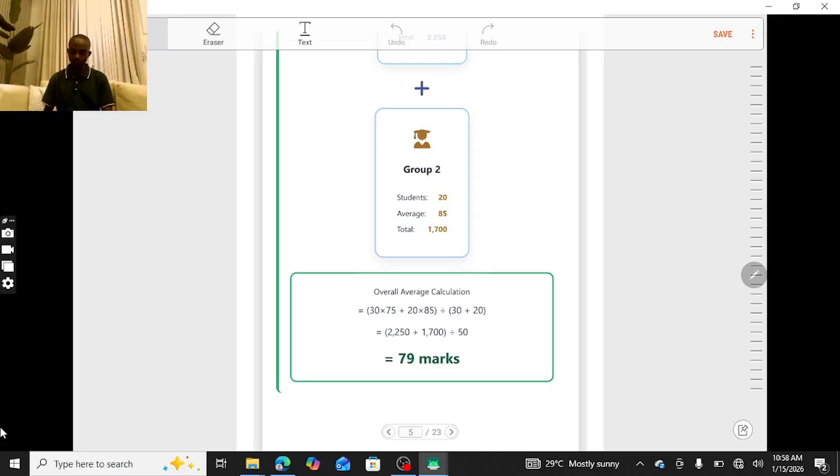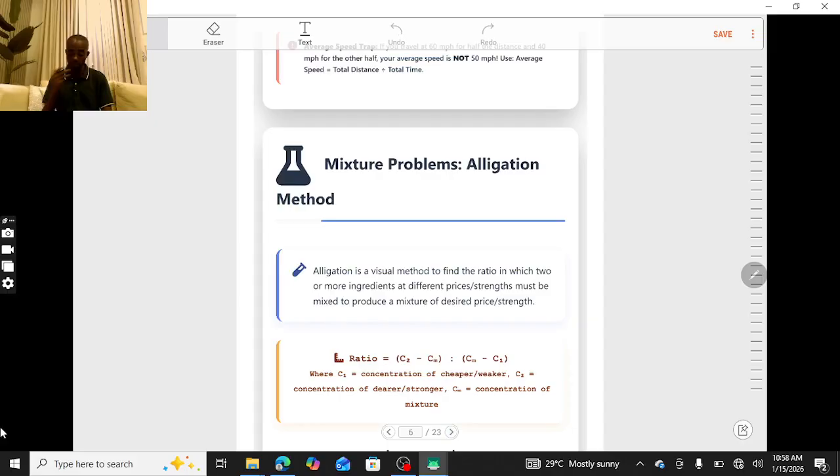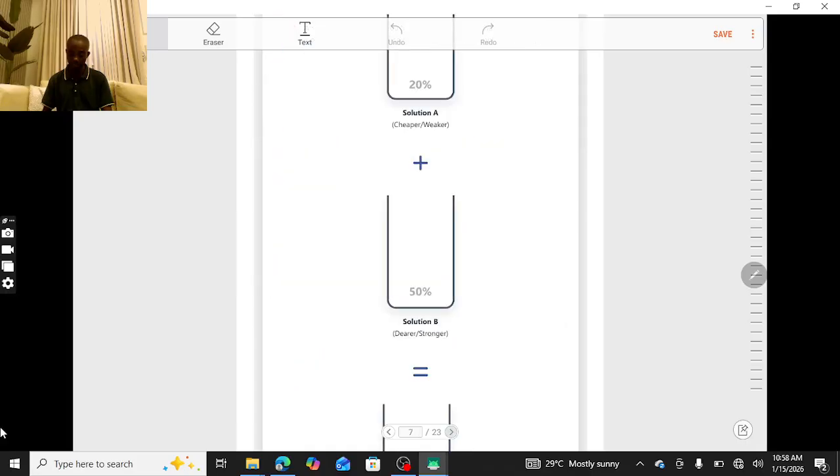So these are the basic ones. If you are doing a work like the one we calculated before, say you can do a work in 2 minutes and I can do the same work in 3 minutes, how long will it take us working together?